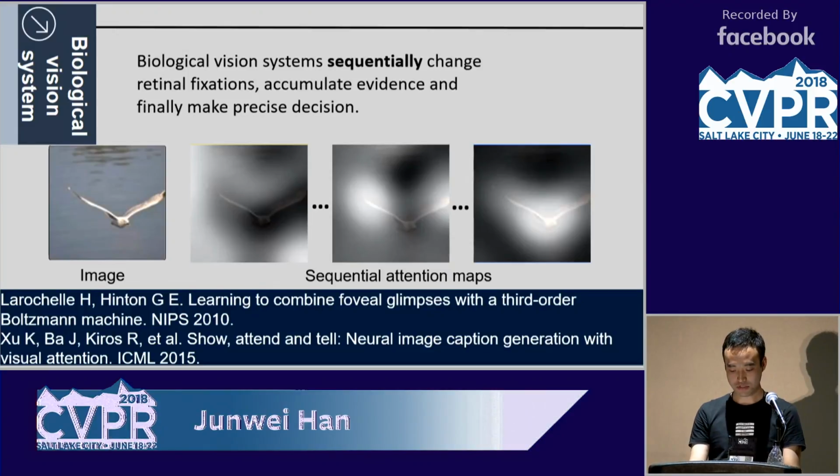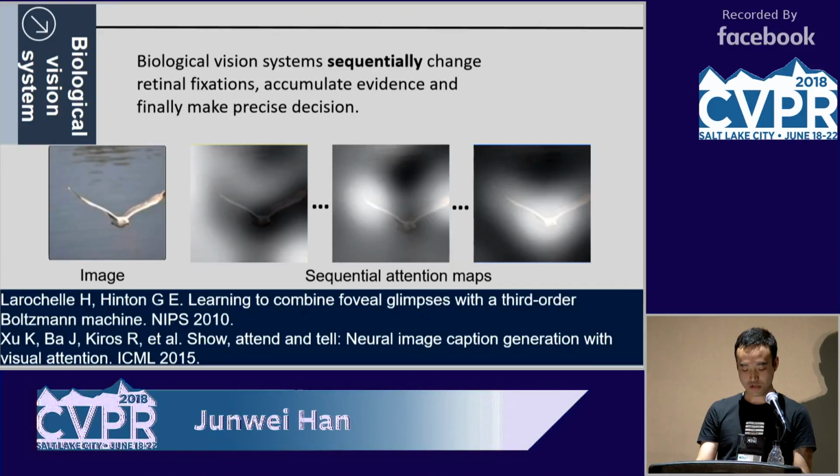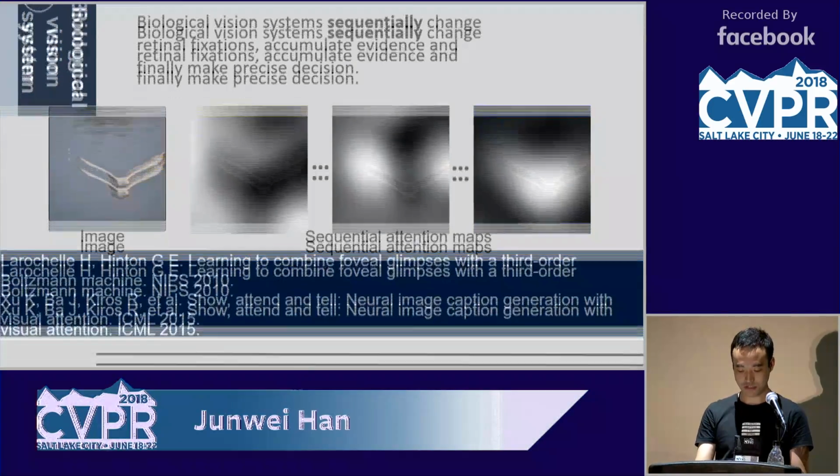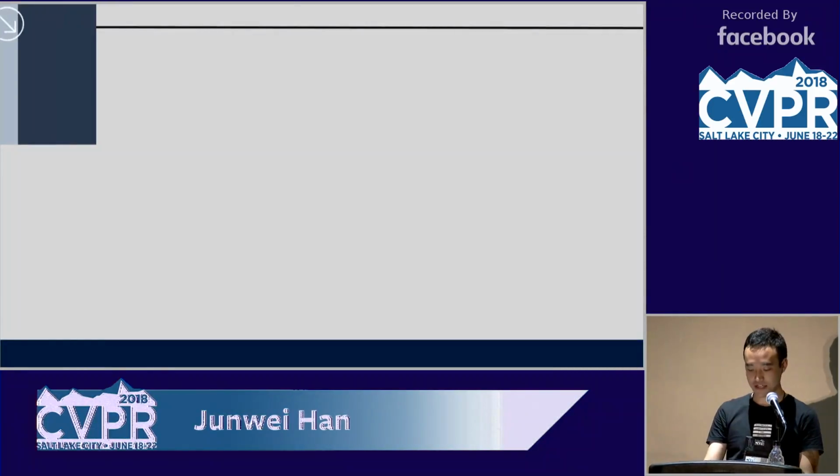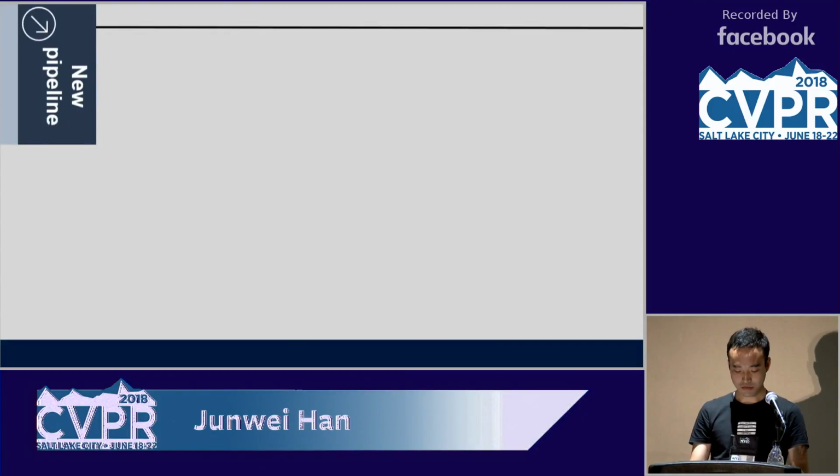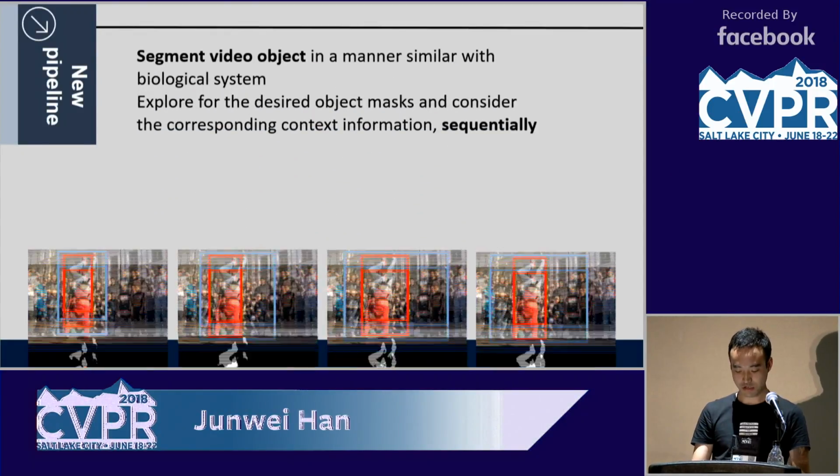According to former research, when searching or localizing objects, biological vision systems are found to change retina fixation sequentially. They gradually accumulate evidence of certainty and finally make a precise decision. We believe it does the same for segmenting objects.